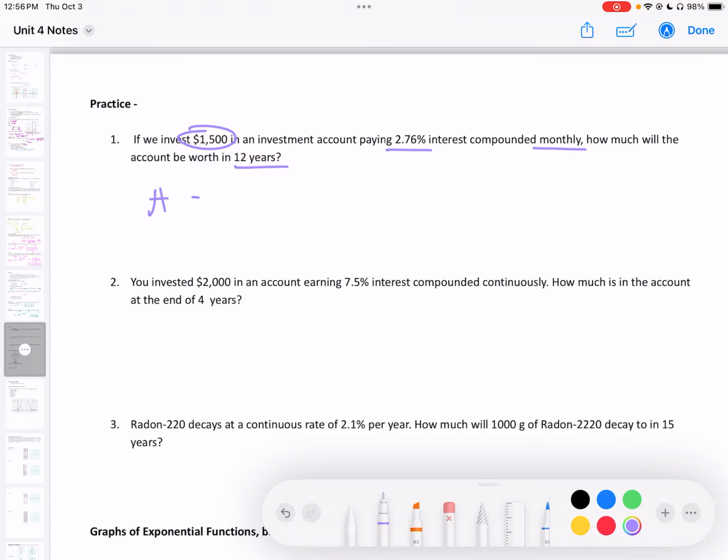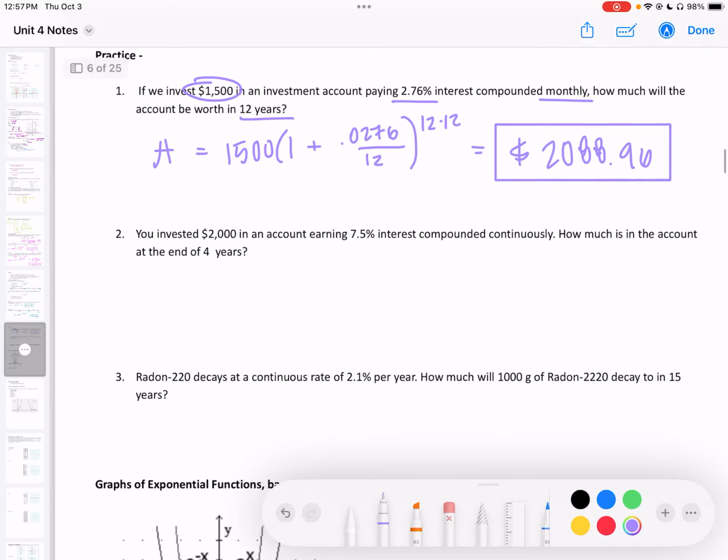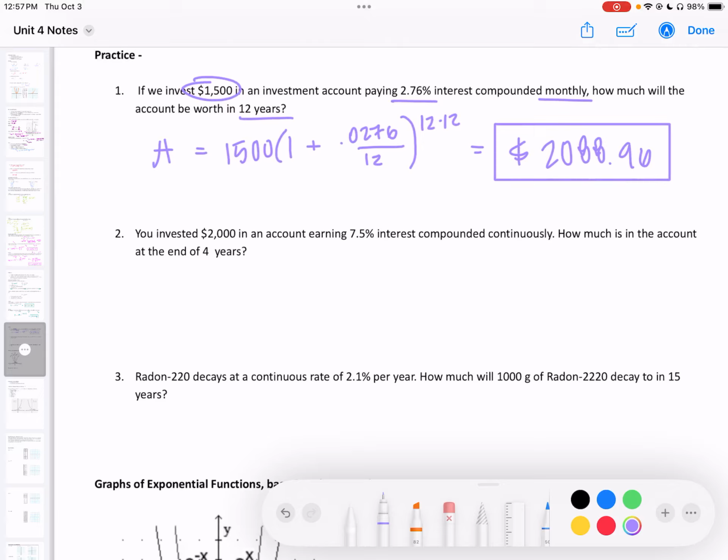That's going to be 1,500 times 1 plus 0.0276 divided by 12 to the power of 12 times 12, which will be $2,088.96. Number 2, you invest $2,000 in an account earning 7.5% interest compounded continuously. Oh, hold on. Let me double check my math on this really quick.